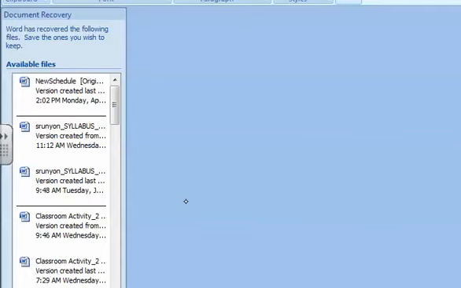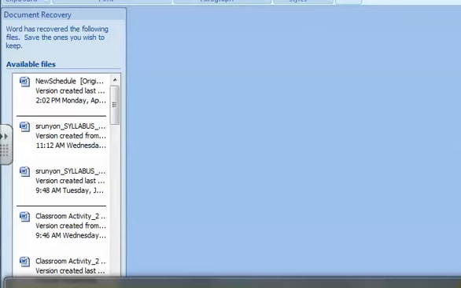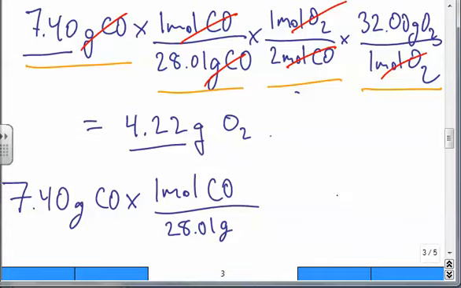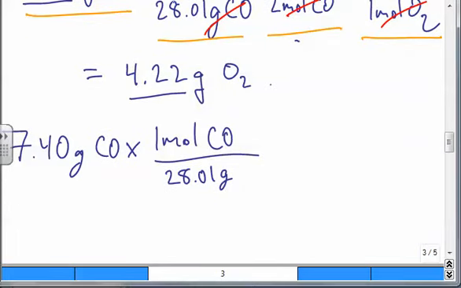So 1 mole of CO weighs 28.01 grams. My units have canceled, and I've gone from grams of CO to moles of CO. Now from there, I go to moles of my product.